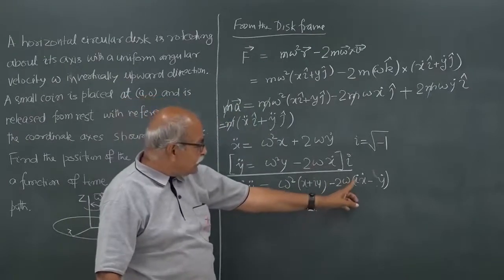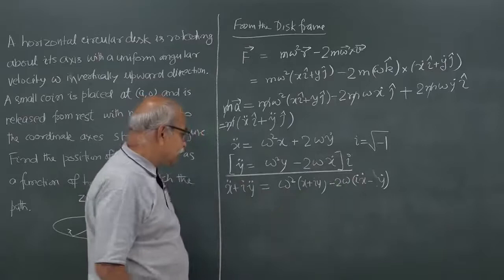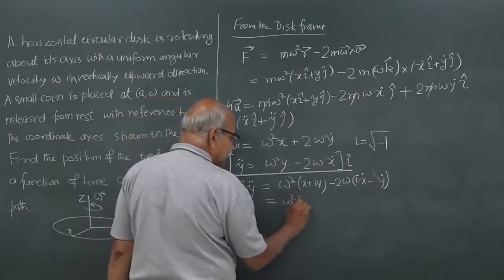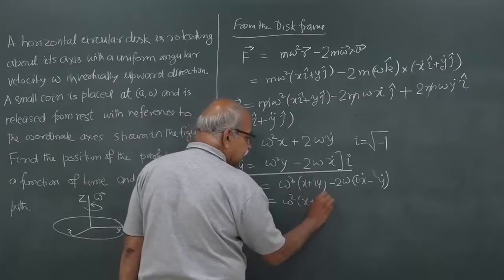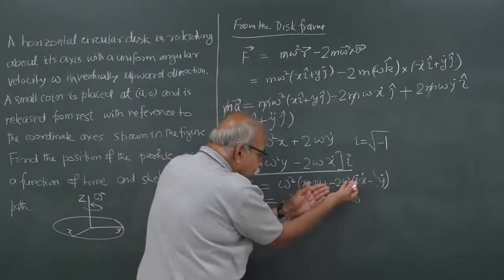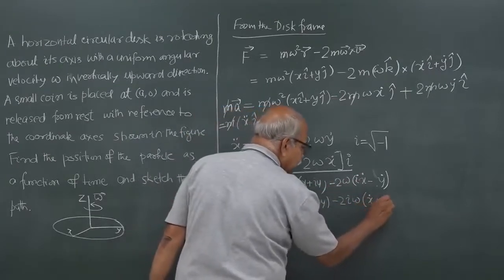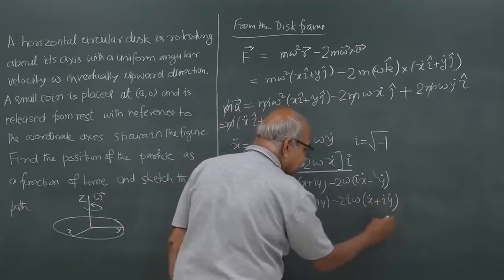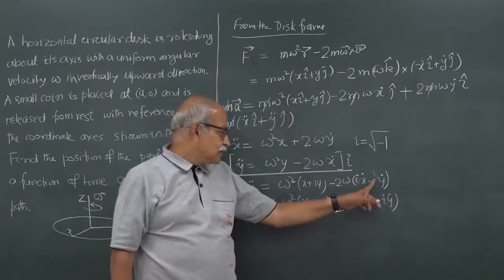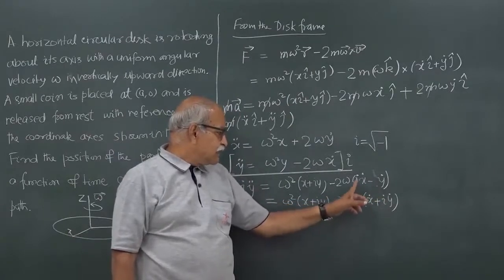Take one more i common here, take this i outside, what will happen? This will be omega square times x plus iy, minus 2 i omega. I have taken this i also outside, and this becomes x dot plus iy dot. Okay, i into i is minus 1, so that plus becomes minus, and if i goes here it will be i x dot.